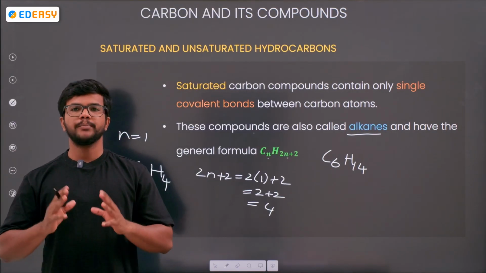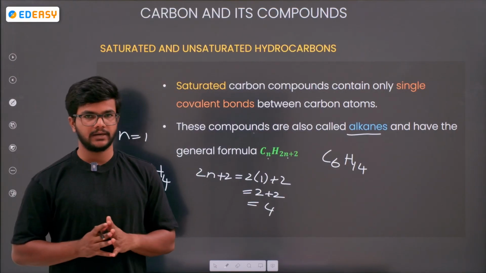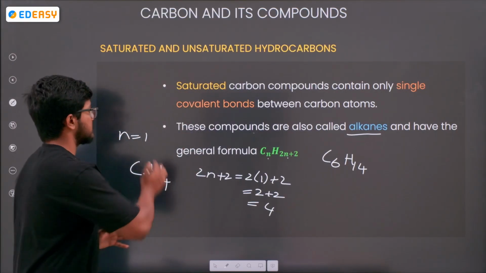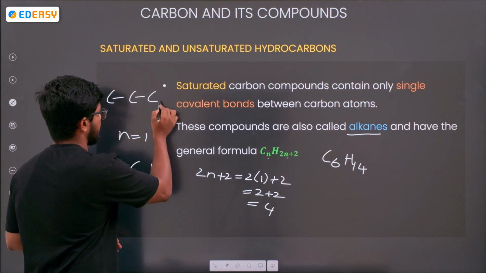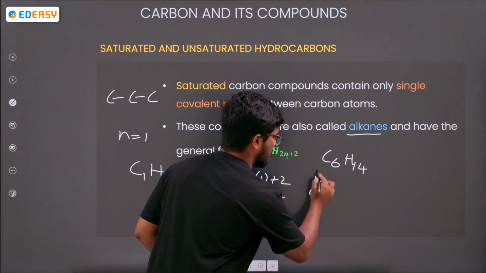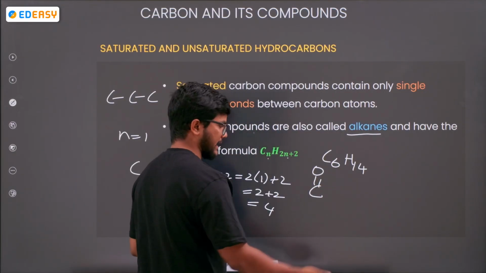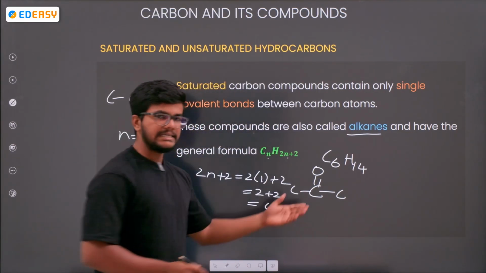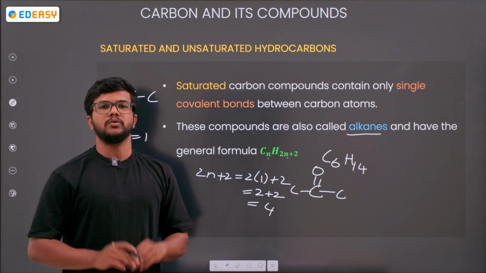So hope you understand about the saturated hydrocarbons. Saturated hydrocarbons are nothing but single bonded carbons. Sometimes carbon can bond with a double bond to oxygen or any other atom, and single bond with carbons. Is it a double bonded carbon? No, it is not.